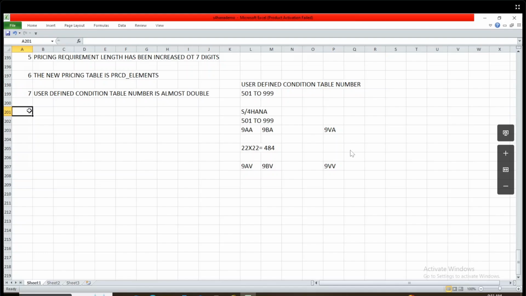If I increase the formula length, that means it applies to requirement, calculation type, base type, group condition. That is also a formula. If SAP increases the formula length, it will be applicable to all these.